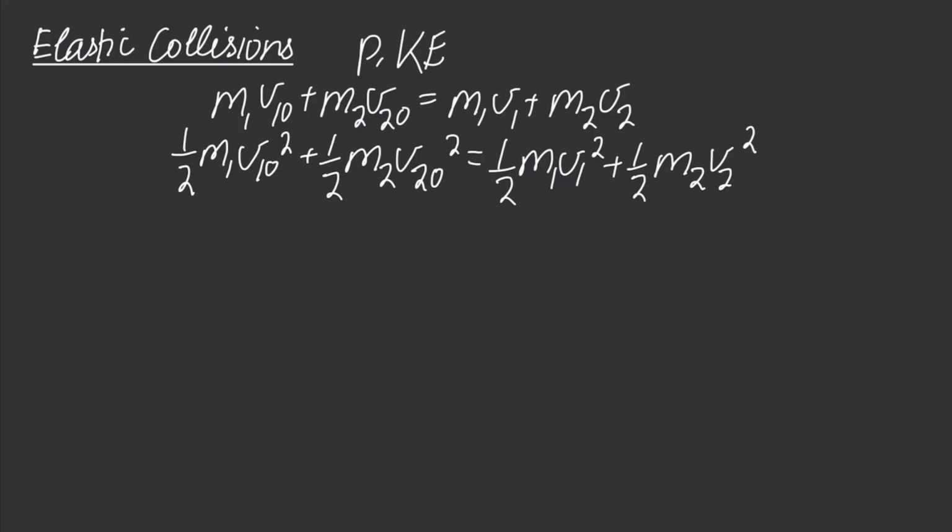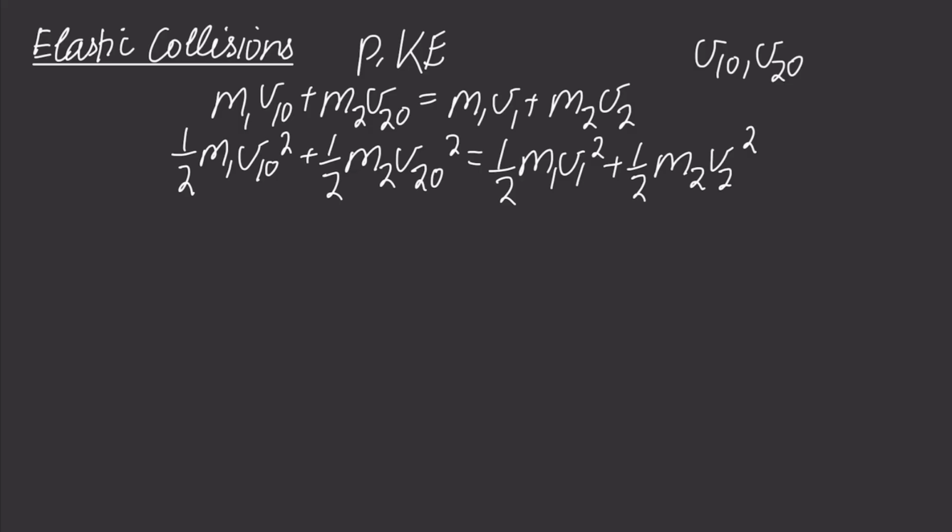Now we have two equations, and usually you will be given v1 naught and v2 naught, your initial conditions. So we have two unknowns, v1 and v2, and two equations, so we can solve.